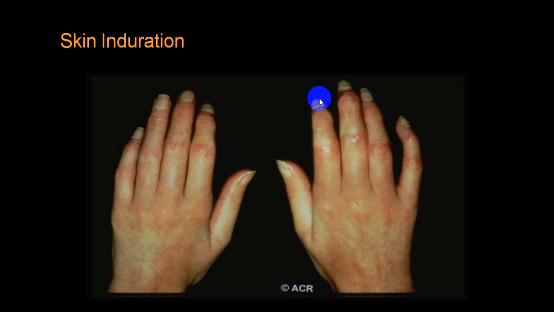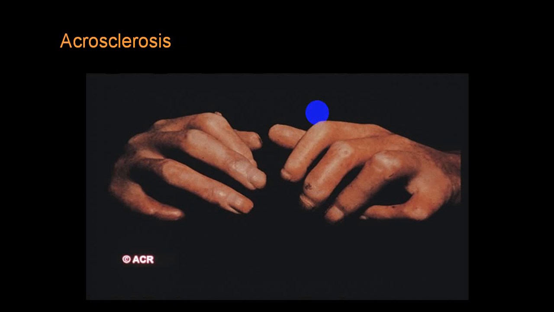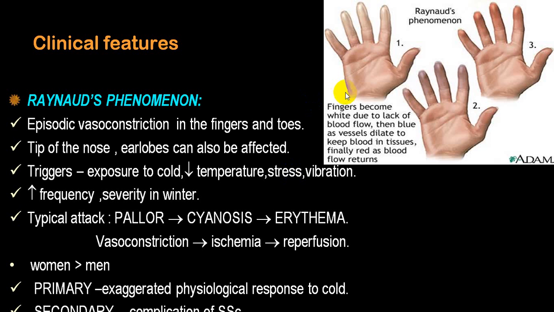You can see the terminal finger getting tapered, and you will have acro-osteolysis, acrosclerosis. See this tip of the finger, lost. This also. Salt and pepper appearance, Raynaud's phenomena.